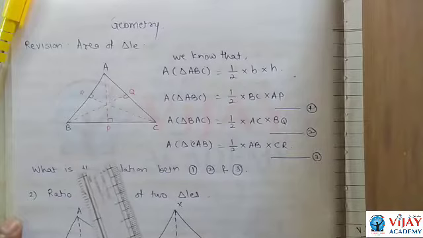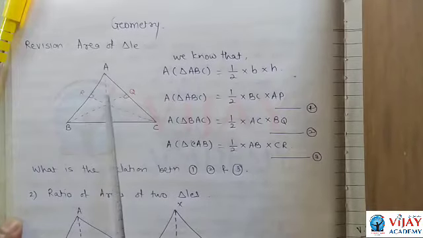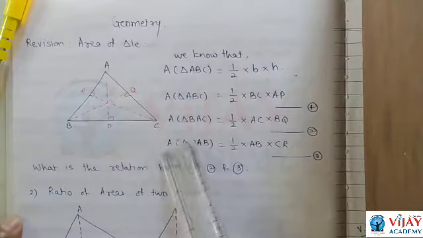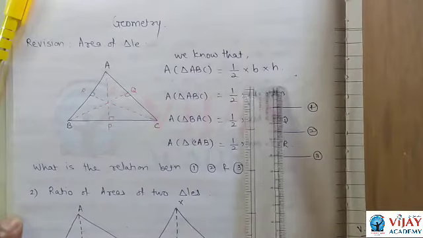First we take, in this figure, draw the altitudes for an acute angle triangle. In case of an acute angle triangle, all the altitudes intersect at a single point which is inside the triangle. Now in this case, area of triangle is half base into height.